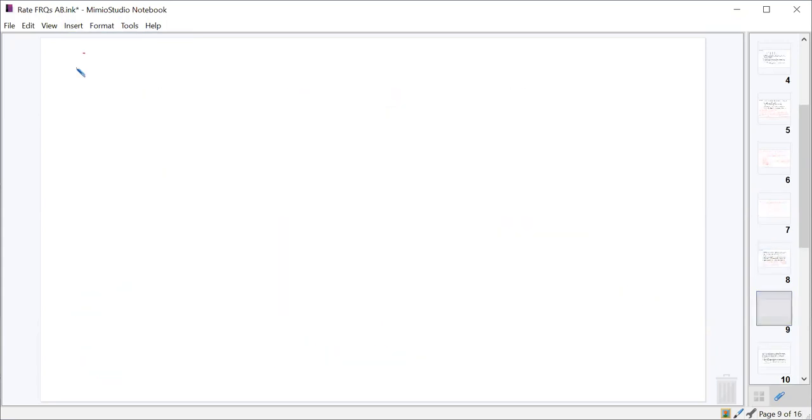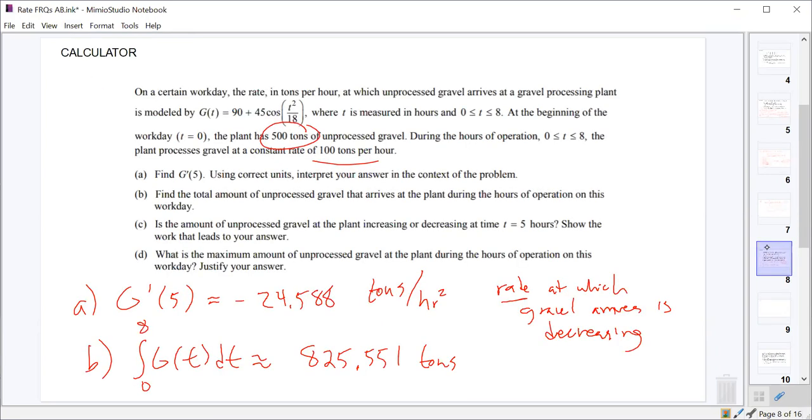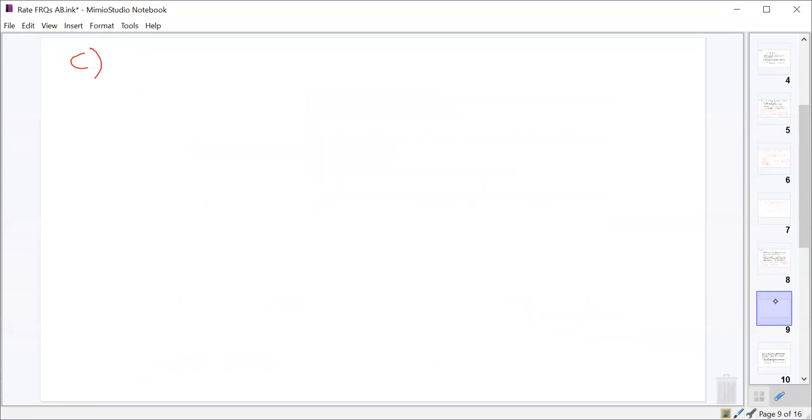All right. Part C. Is the amount of unprocessed gravel at the plant increasing or decreasing at T equals 5? So once again, you don't need to for part C, but I like to write out the equation. The amount of gravel is 500 plus the integral from 0 to T of the amount that arrives minus the amount that is processed.